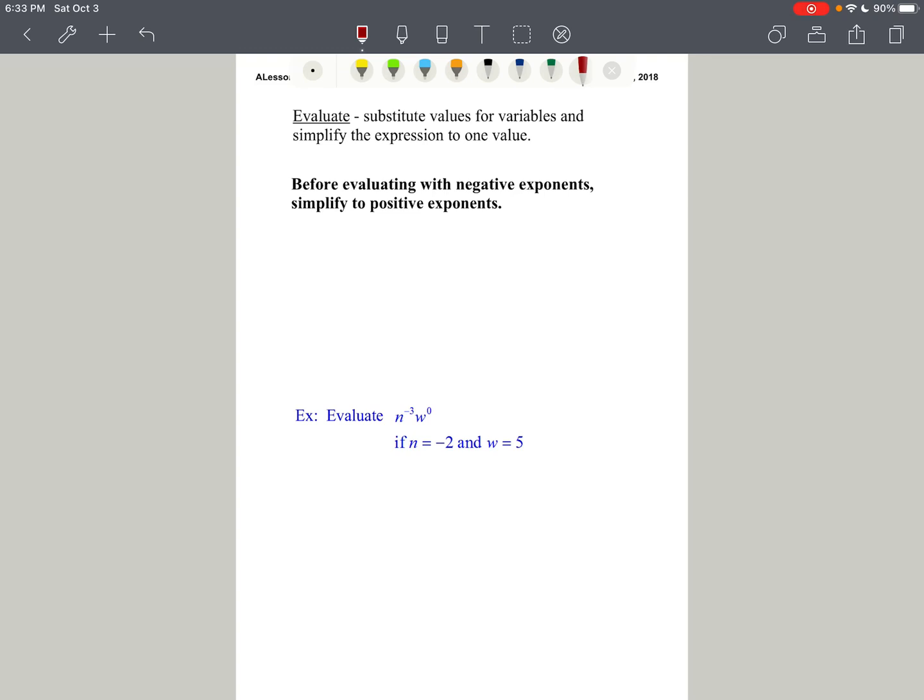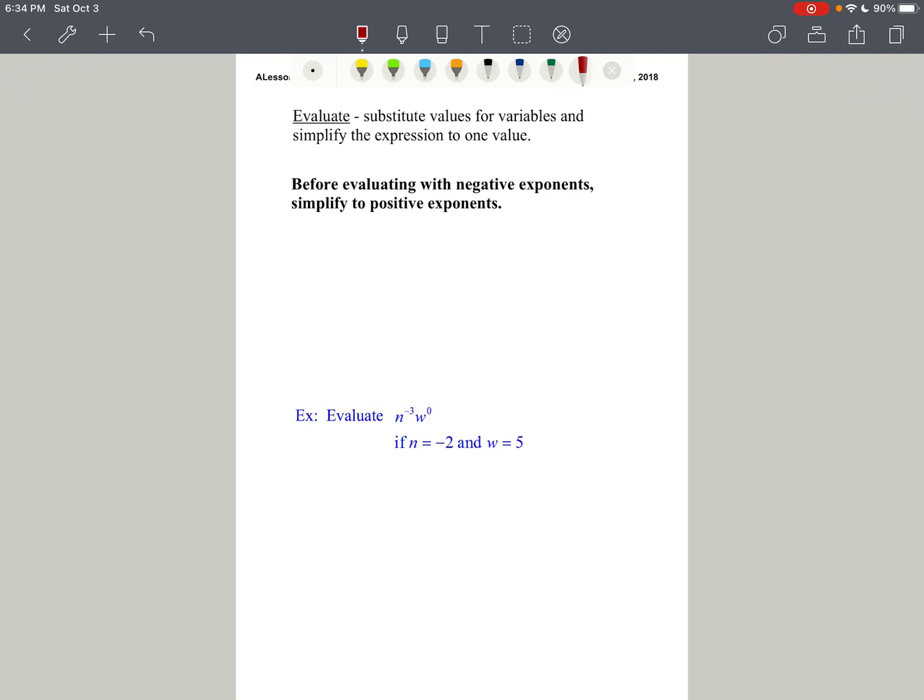Now this is where it might get a little tricky. We're going to evaluate expressions with negative exponents. So first we're going to substitute values for variables and simplify the expression to one value. That's what evaluate means.